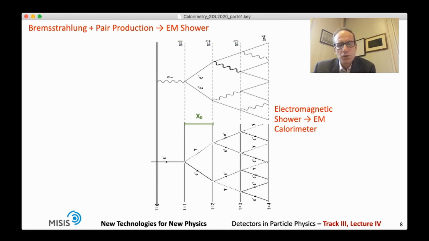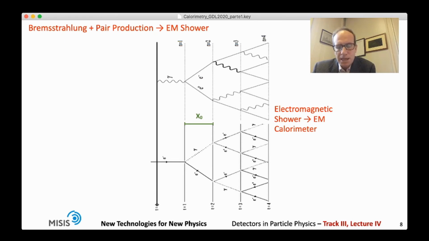Then the photon will propagate, and after about 1 radiation length it will turn into an electron-positron pair. Both the electron and the positron, after on average 1 radiation length, will produce another photon by Bremsstrahlung, and another electron.